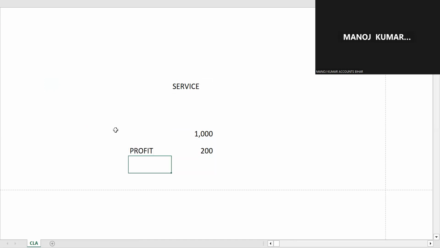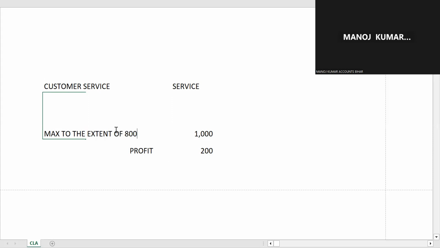That is the minimum profit. So 800 can be his cost, correct? So he will give customer service maximum to the extent of 800, correct?